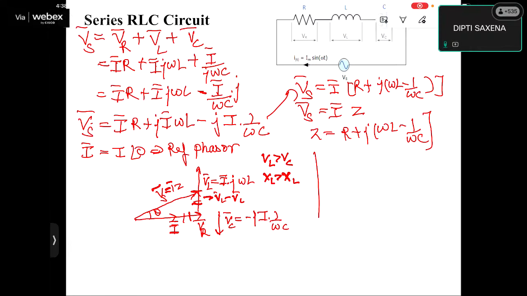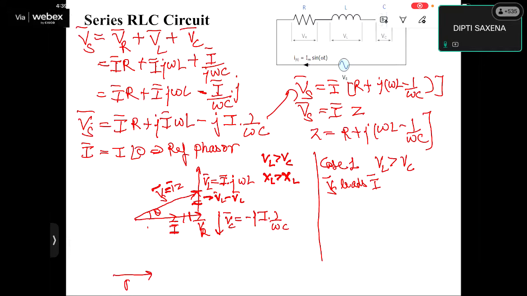Now, case 1: if VL is greater than VC, you get this phasor diagram, and from this phasor diagram you can clearly see that Vs is ahead of the current I by an angle theta. That is, the voltage across this combination leads the current through the combination by an angle theta, and that is the impedance angle.